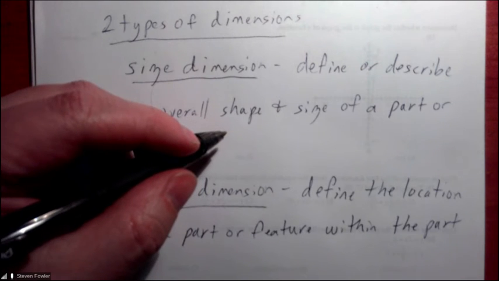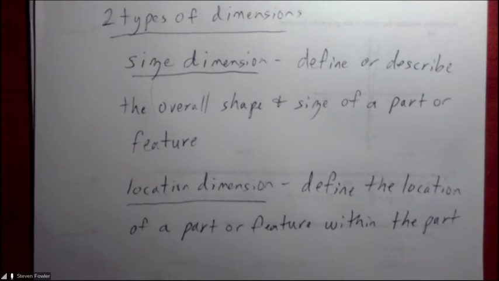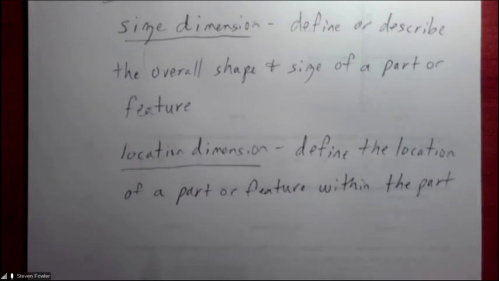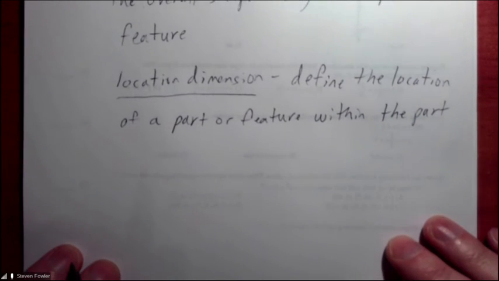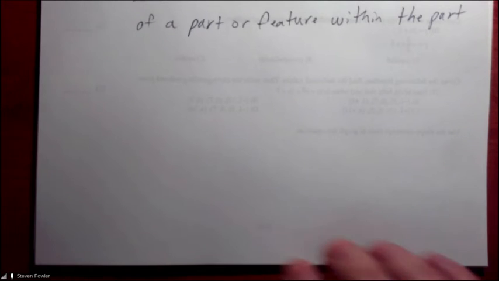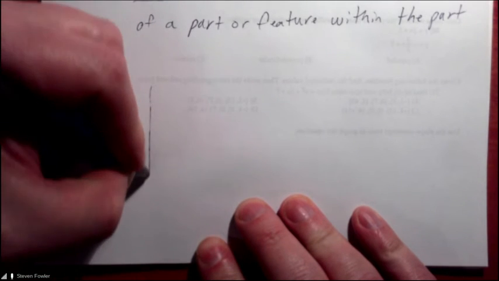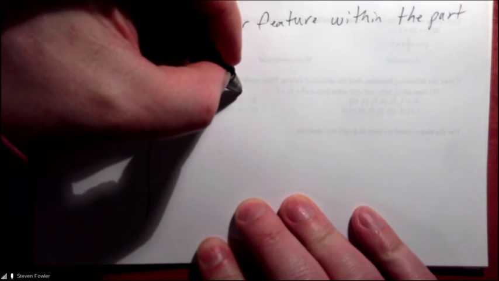So let's continue our talk about different ways of dimensioning. So the way this is going to look is, if I'm dimensioning something large, let's say something that's got a large gap in between.